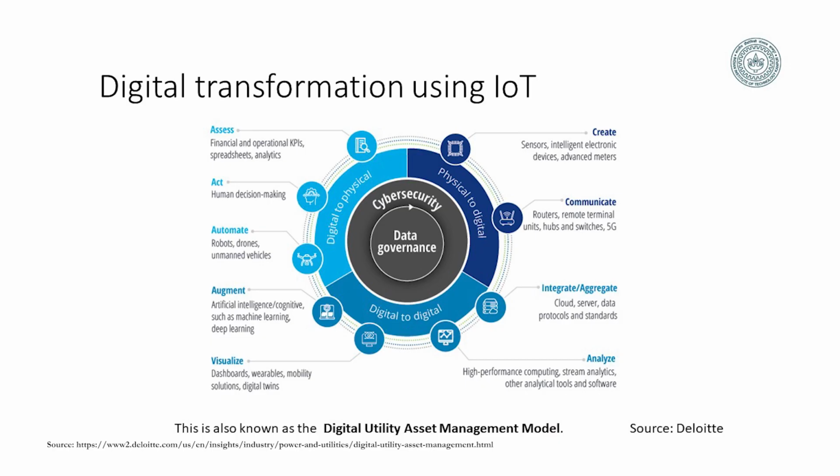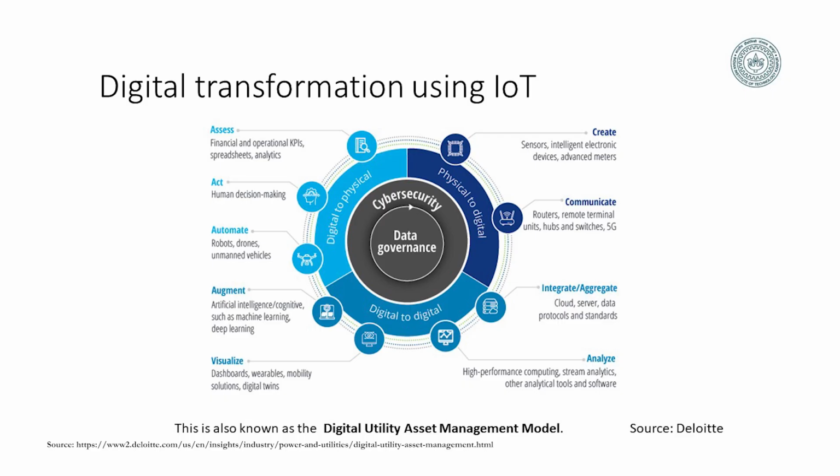Okay. So, let us start with discussing some of the characteristics of IoT and how IoT is enabling digital transformation. So, digital transformation that IoT is enabling is in a sequence of phases.